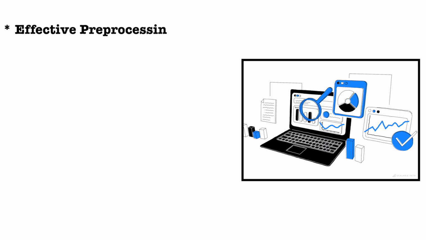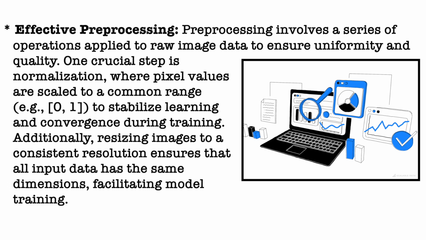For this, we have to know what is the effective pre-processing method. Pre-processing involves a series of operations applied to raw image data to ensure uniformity and quality of that particular input image.